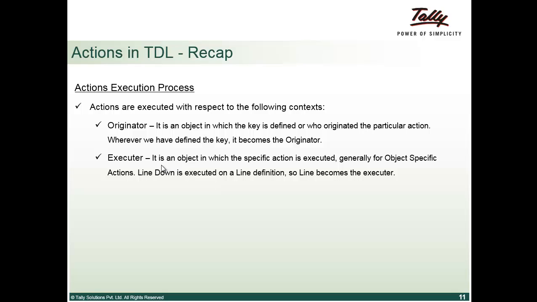And the executor is the object in which the specific action is executed, generally for object specific actions. Line down is executed on a line definition, so line becomes the executor. So the originator is the object from where the action originates, and the executor is where the action gets executed.